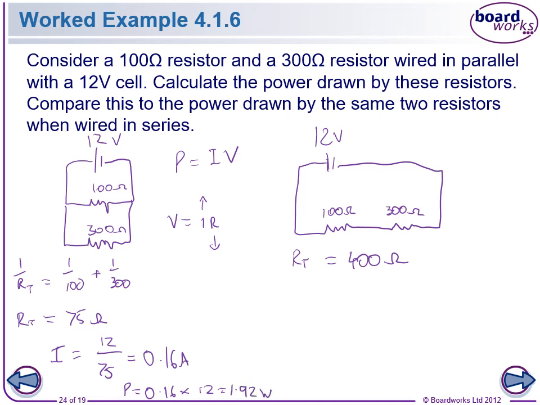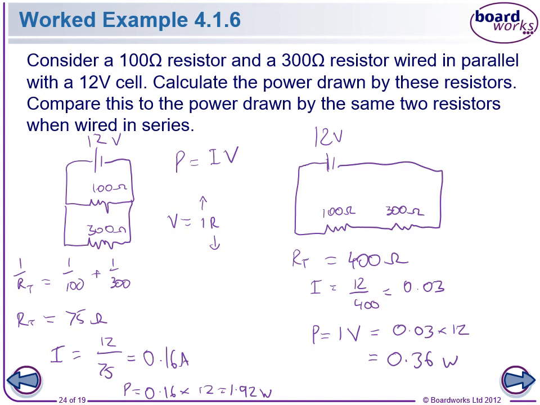Now if we compare that to a series circuit with the same resistors, here our current is equal to, again, V on R, 12 on 400, so our current is 0.03, and then our power is equal to current times voltage, 0.03 multiplied by 12, which is 0.36 watts. And so we can see the power dissipated in a series circuit is much, much lower than the power dissipated in a parallel circuit.